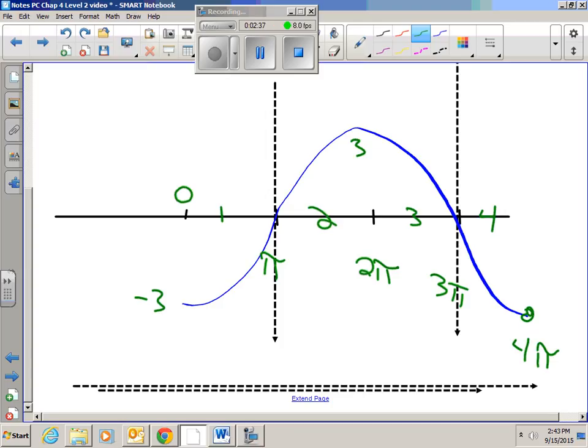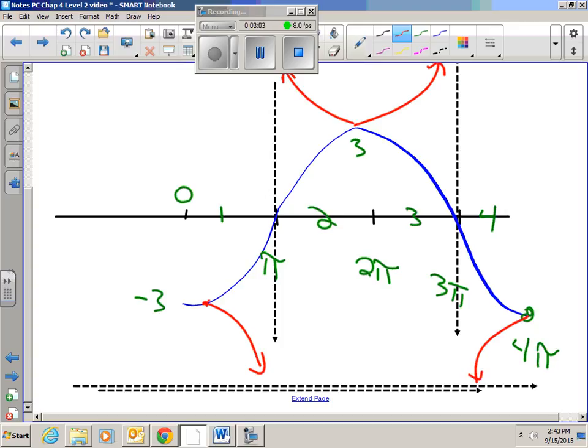So, that being said, I now know that my secant curve is the reciprocal of the cosine curve, so I'm going to have a graph. I'll do this here in red. That looks like this, and it's hugging these asymptotes. It starts here and goes this way. Same thing on this side, start here and go this way, okay?